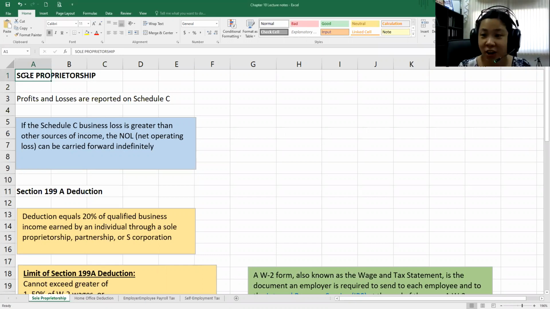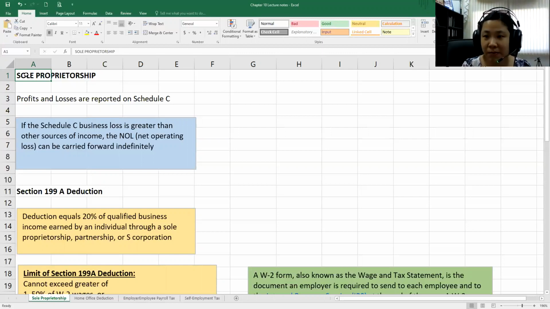About the business organization, they are divided into two types of business organizations. One is where the owner is the taxpayer. For example, we have sole proprietorship, partnership, S corporation, and limited liability companies.